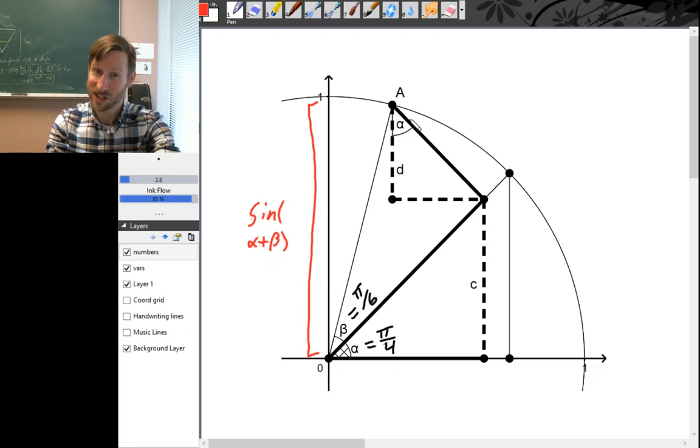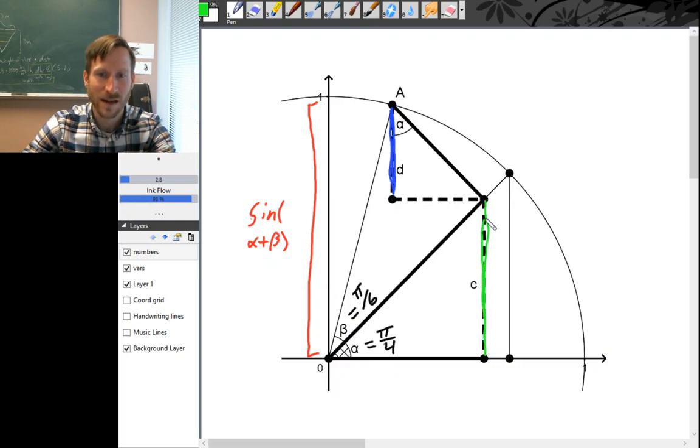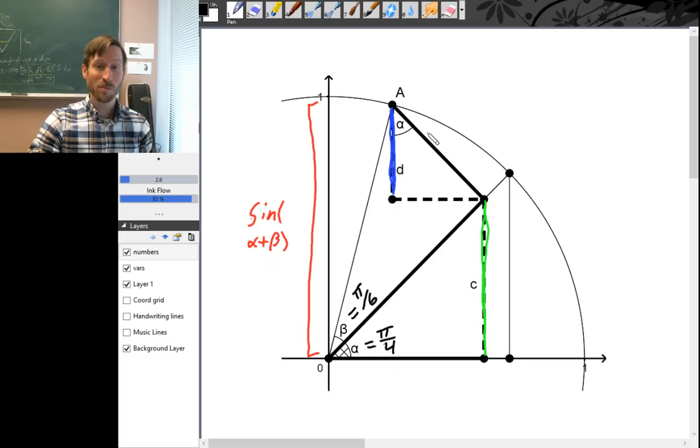And I suggested that you try to find this by breaking it down into 2 pieces. So this blue distance, D, and then this green distance, C. And we can make some headway because there are several parts of this diagram that we already know.